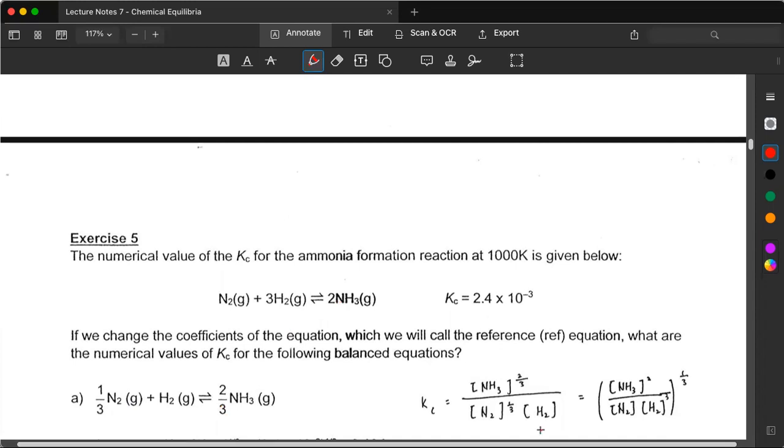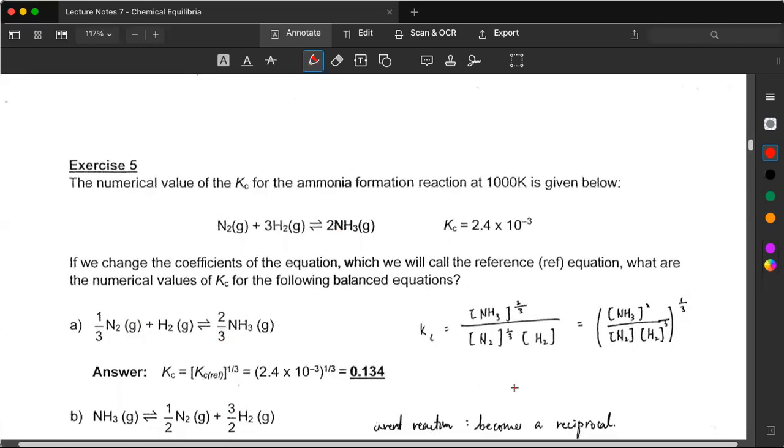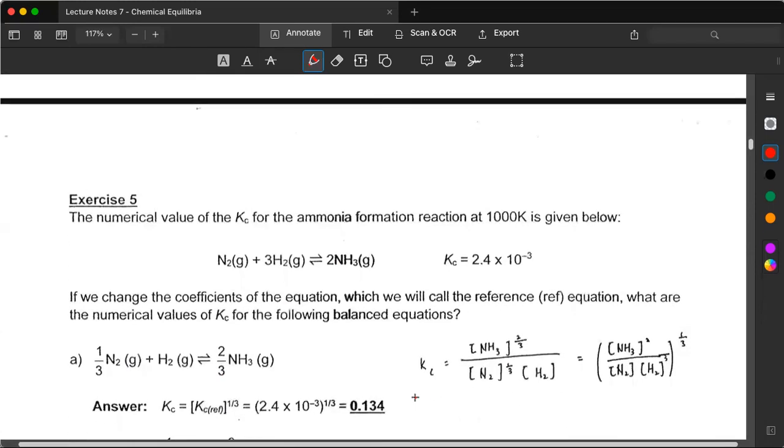So you will do something like this, and then just do some mathematics. Then you just bring out 1/3. Then you realize that the difference is just 1/3. So it is 2.4 times 10 to the power of -3, raised to the power 1/3. That's it.